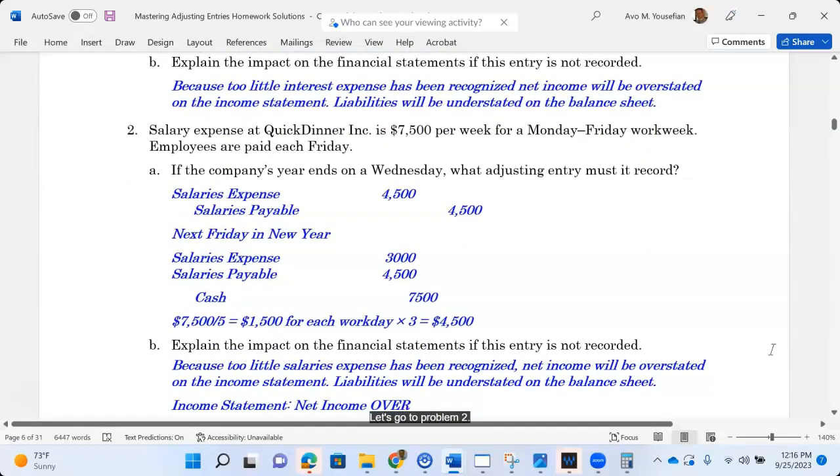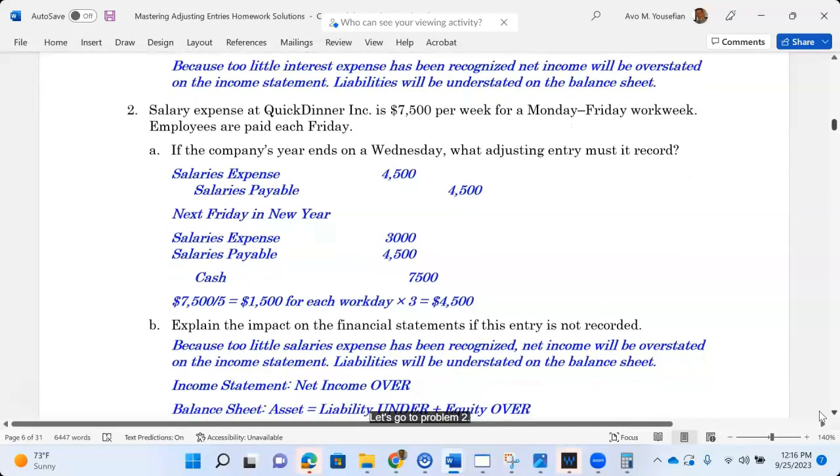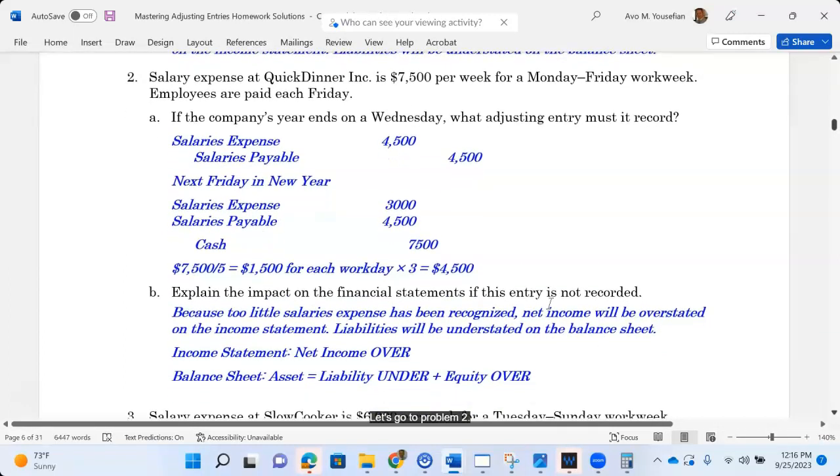Let's go to problem 2. Salary expense at Quick Diner Corporation Incorporated is $7,500 per week for a Monday through Friday work week. Employees are paid each Friday.